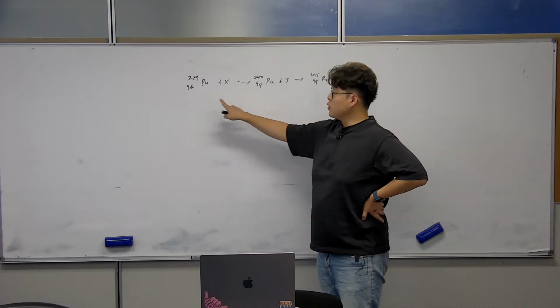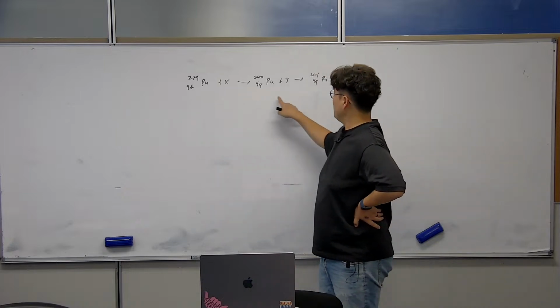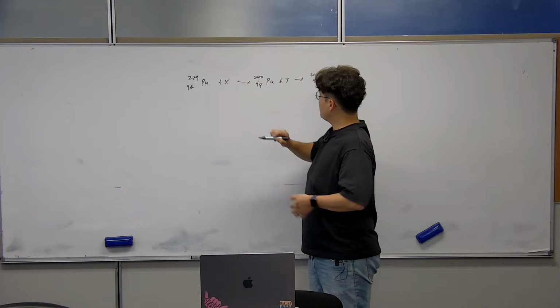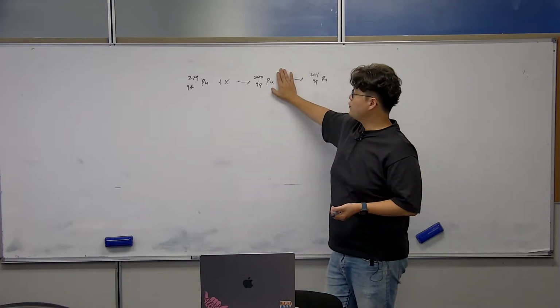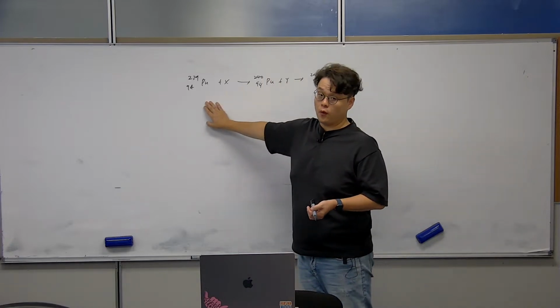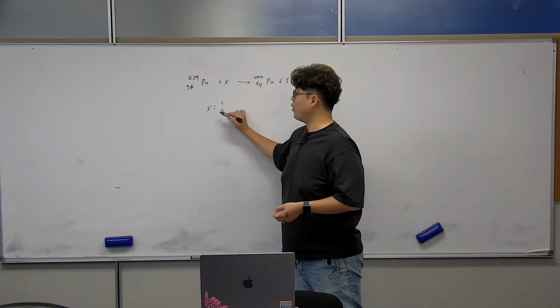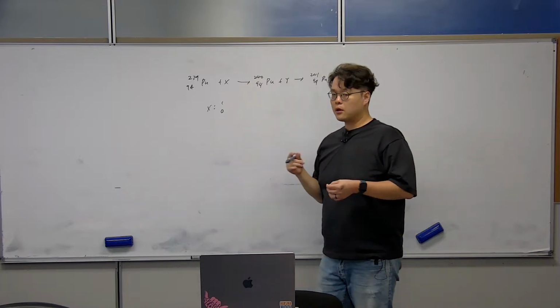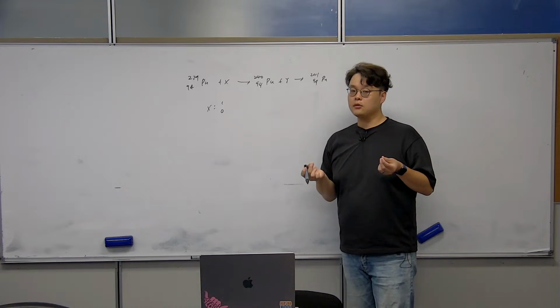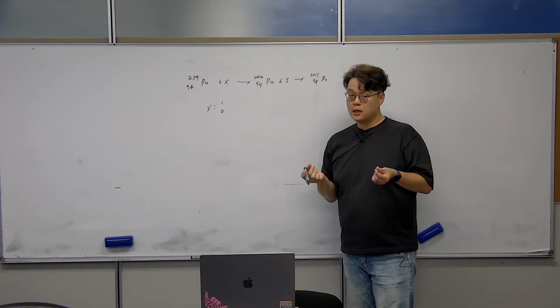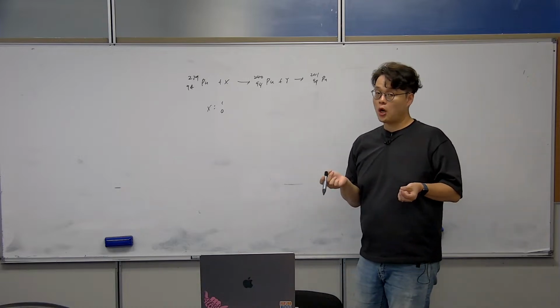So you have to think of a bit of simple mathematics here. If you want to make 240, 94 from 239, 94, that means X must be something like 1 and 0. Then consider what particle carries mass but does not carry any charge or atomic number.